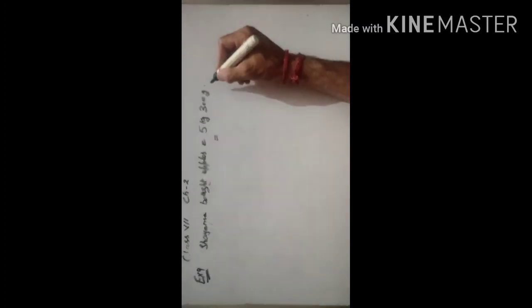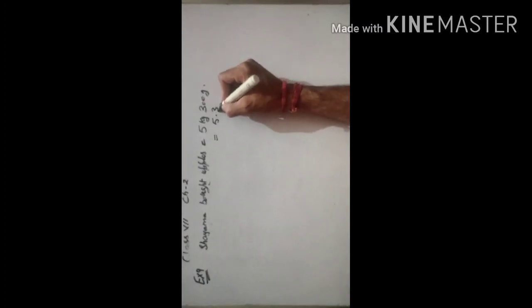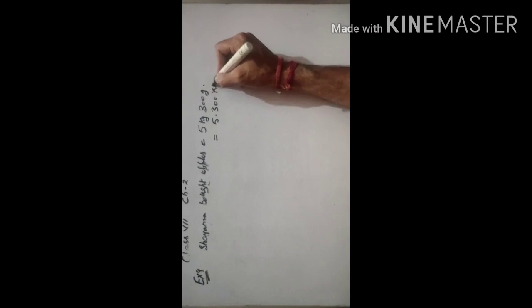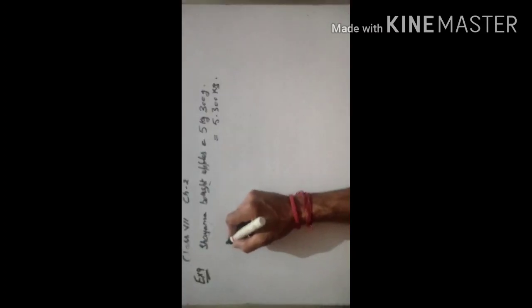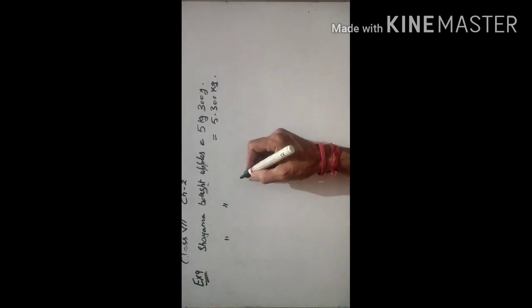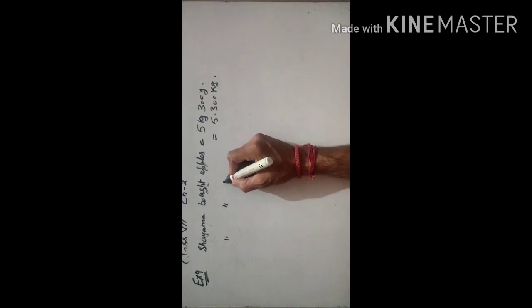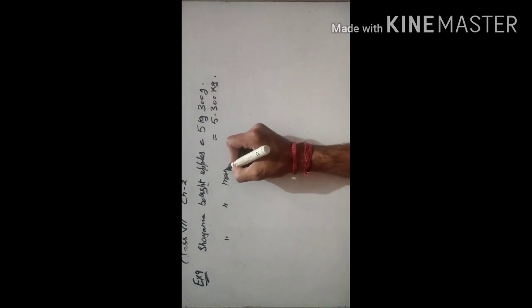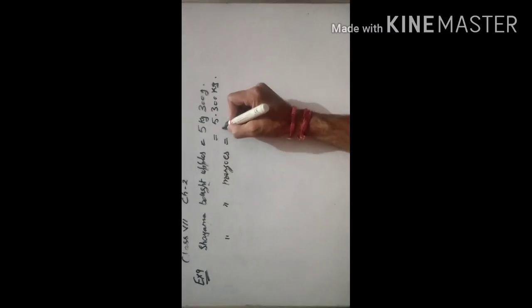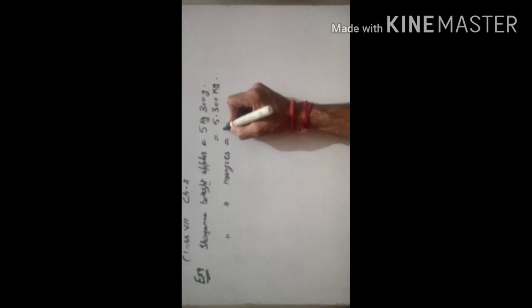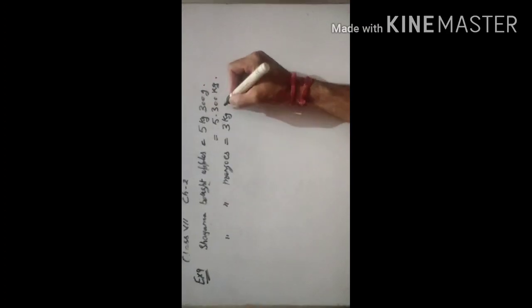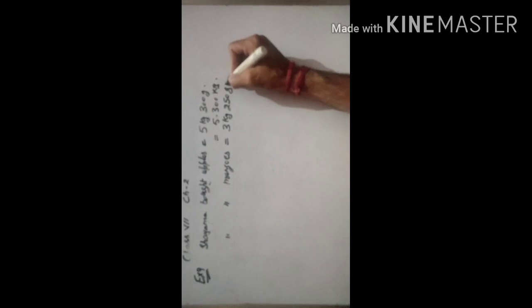That is converted into 5.300 kg. Now Shama bought mangoes, equal to 3 kg 250 gram.